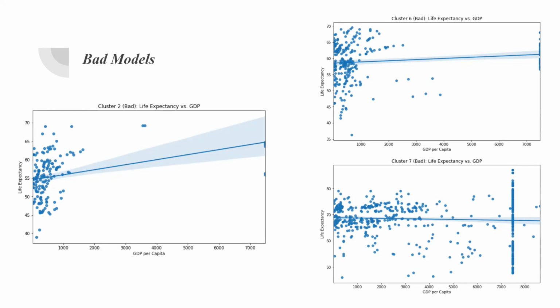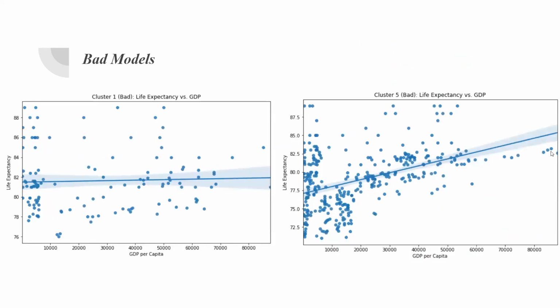Those kinds of graphs gave us the low R squared and high mean squared error values. And again, some more graphs just to illustrate this point as well.